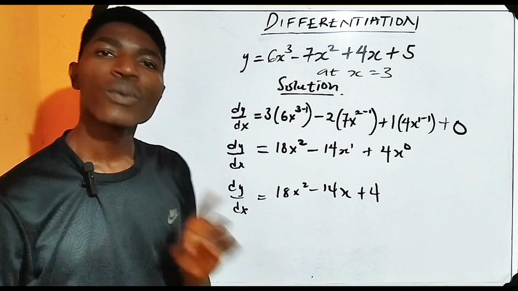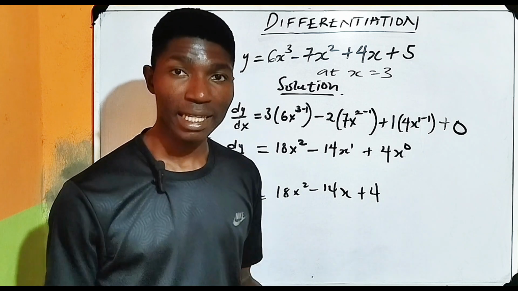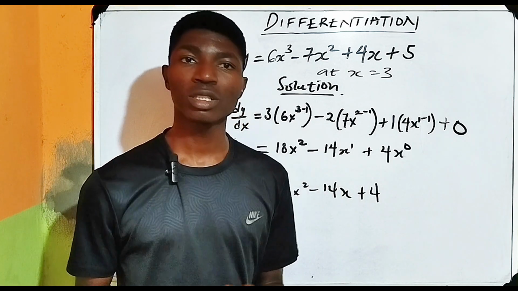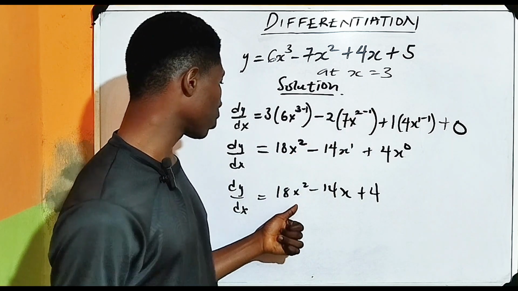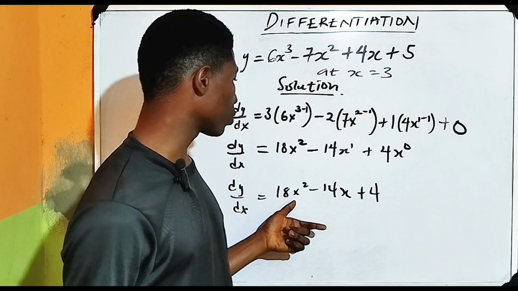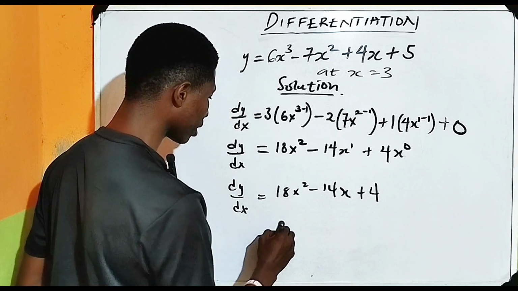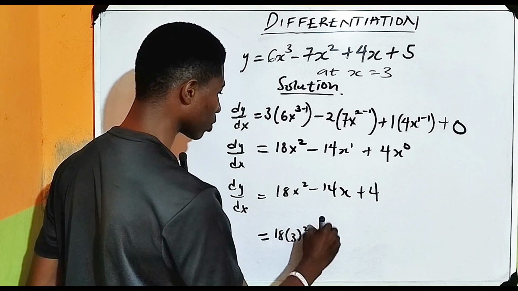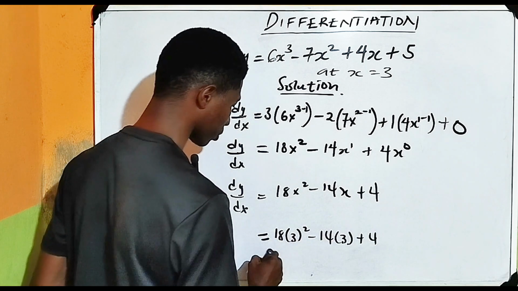Now, we are told to differentiate this equation at x equal to 3. In other words, I'm going to substitute the value of 3 in place of x. Anywhere we see x, we'll now put 3 there. So let's substitute. When we substitute, we have 18 times 3 squared minus 14 times 3 plus 4.